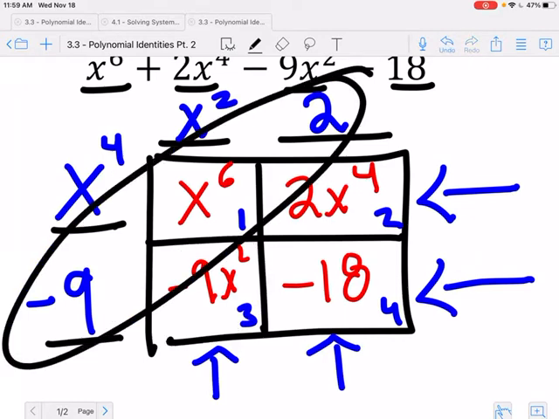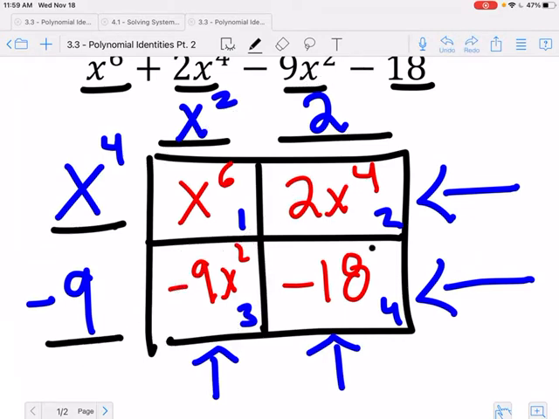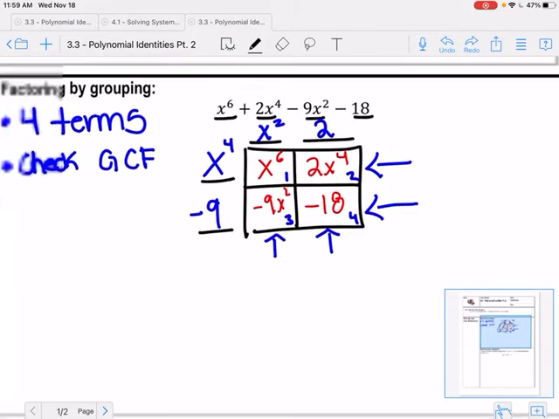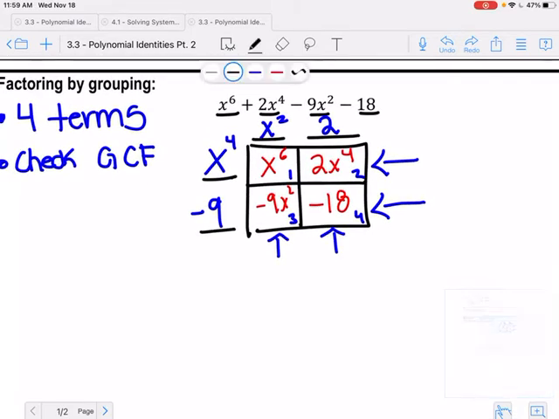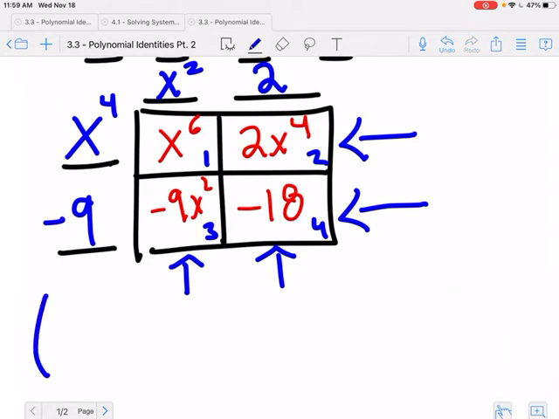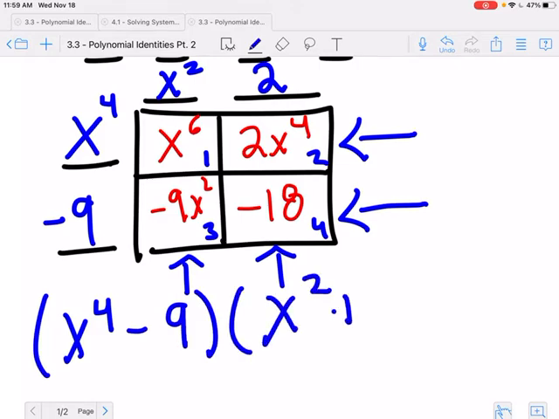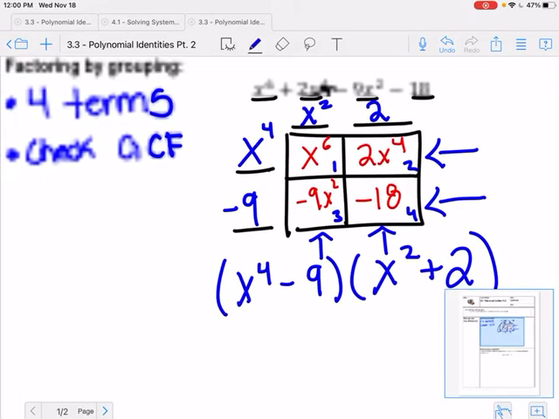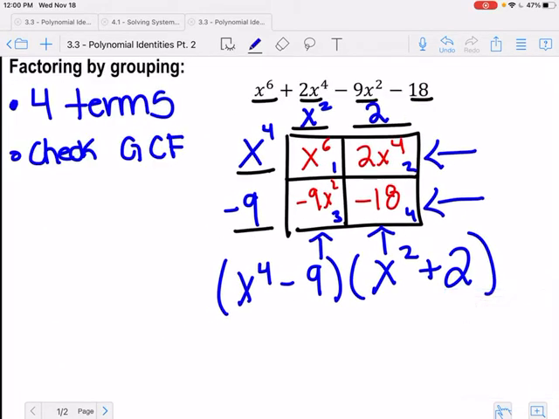And the last one would be -9 times 2, which equals -18, which works. So everything's working out perfectly, which means that my answer is going to be the 2 factors that I just found, which are x to the power of 4 minus 9 and x squared plus 2. So far, I have factored my polynomial expression.